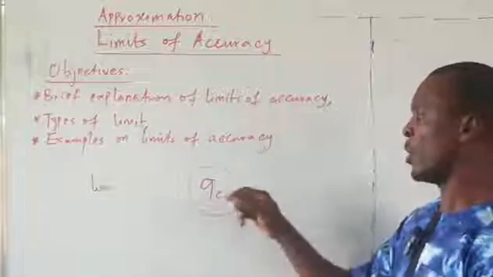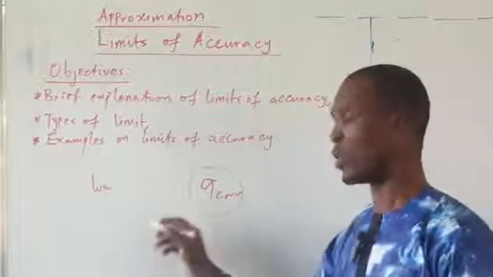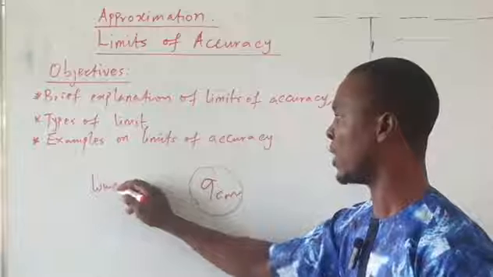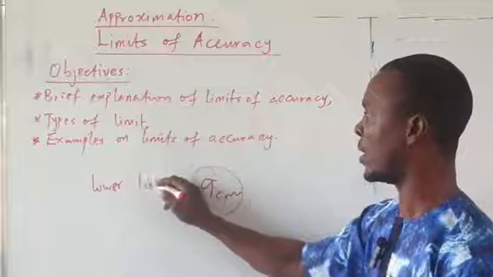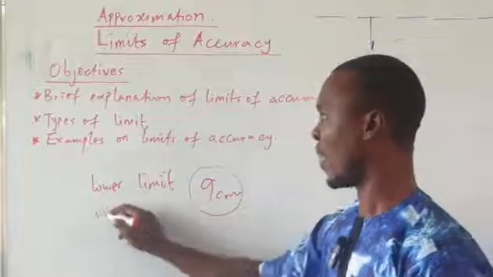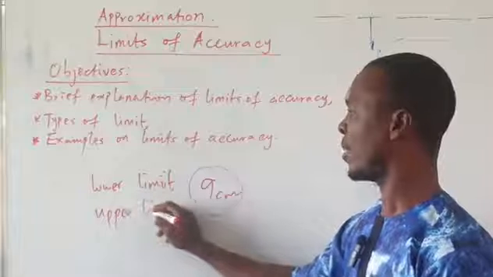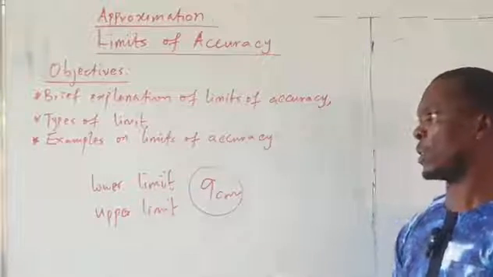That depends on what we are converting to, maybe to the nearest whole number. So the lower limit is the first type of limit, while the second one is the upper limit.